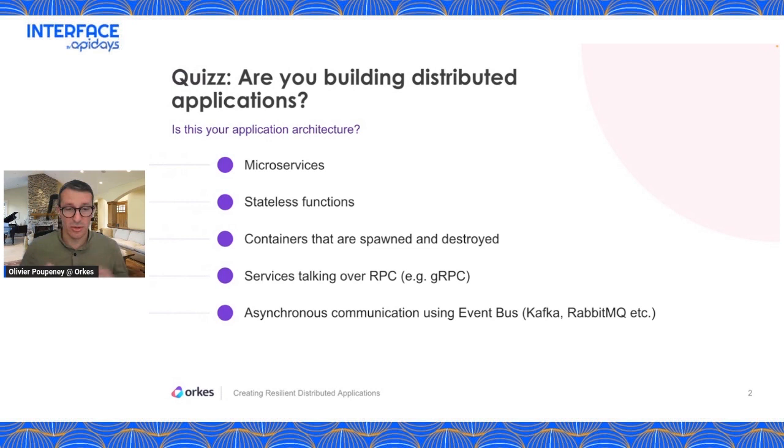If your architecture uses asynchronous communication like an event bus, such as Kafka or RabbitMQ, if you're in that kind of situation, the answer is yes, you are building distributed applications.